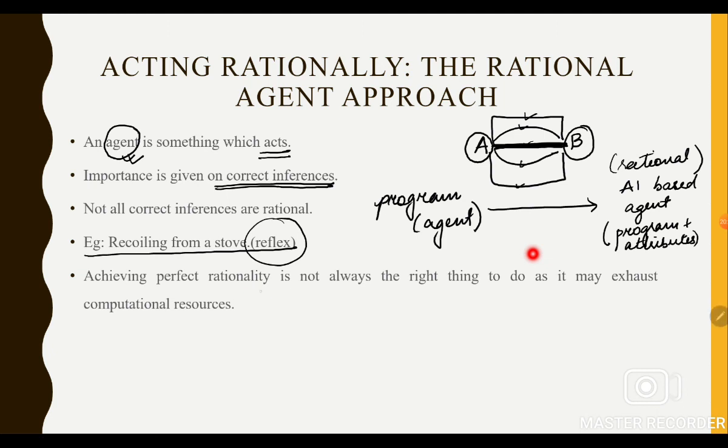Now, achieving perfect rationality is also not always the right thing to do, as it may exhaust computational resources. As already said, suppose I try to launch a rocket from the terrace of my house. Let's say I designed it well and constructed it well, but I have exhausted all my financial resources, and it might cause severe damage to the terrace of my house, or it might not launch at all.